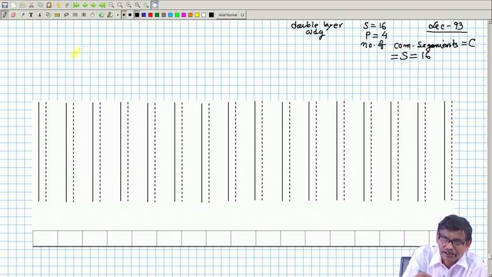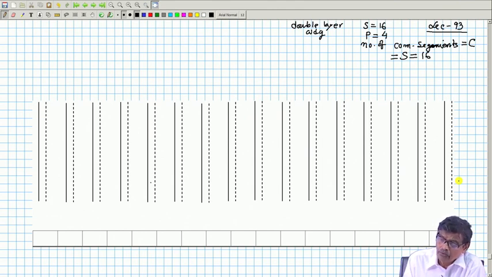In each slot, there will be two coil sides: on the upper deck, a coil side, and on the lower deck, a coil side. So this is slot 1, 2, 3, up to 16, and in each slot there will be two coil sides.